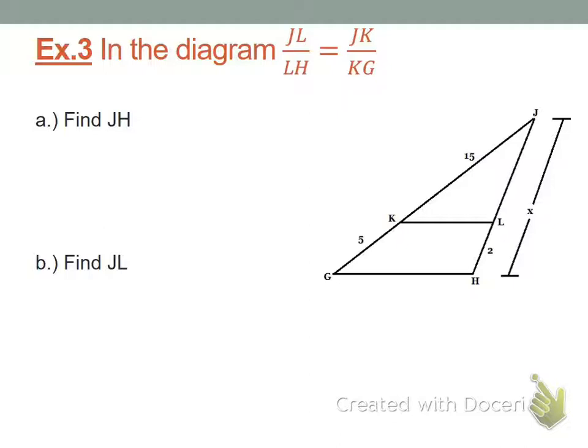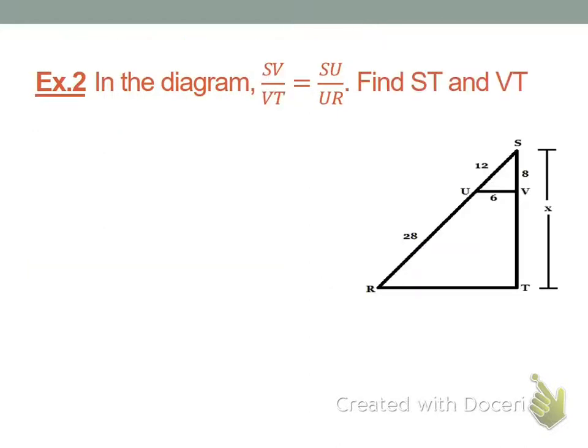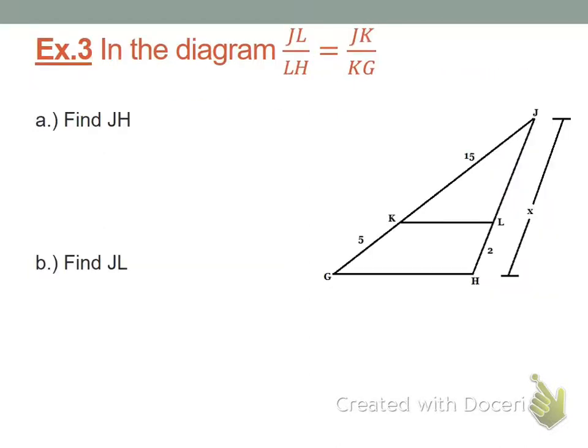Again, I would recommend starting with the proportion they gave you and plugging in numbers, variables, expressions from the diagram. Expressing JL is going to be similar to when we had to express VT on the last one.